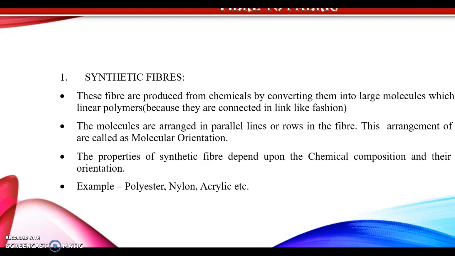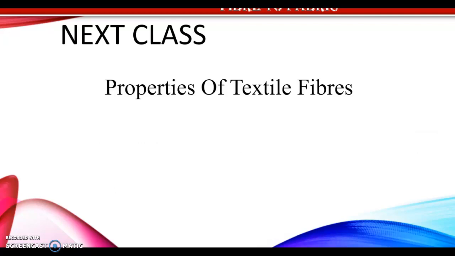The molecules are arranged in parallel lines or rows in the fibers. This arrangement of molecules is called molecular orientation. The properties of the synthetic fiber depend upon the chemical composition and their molecular orientation. Examples: polyester, nylon and acrylic. Okay, the next class we will see about the properties of textile fibers.